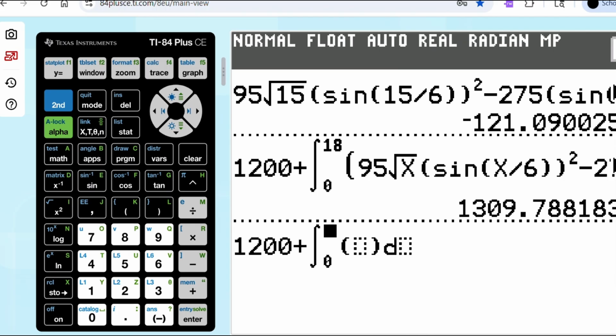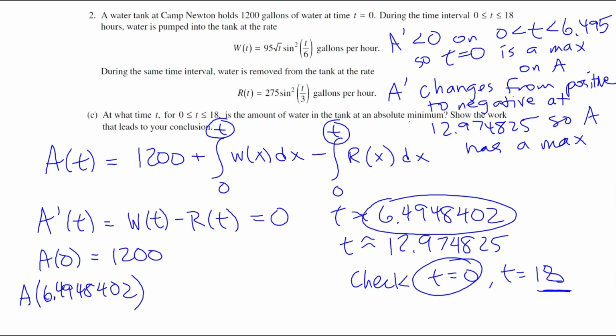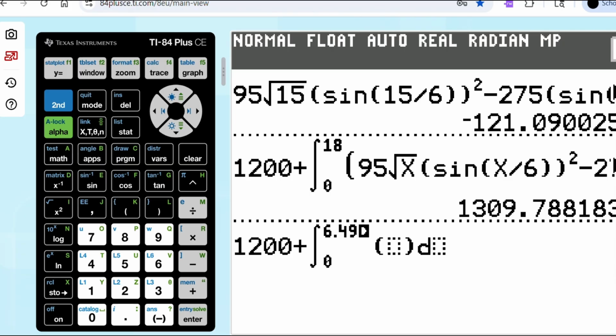It was 6.4948402, of that function that we've graphed as y1.